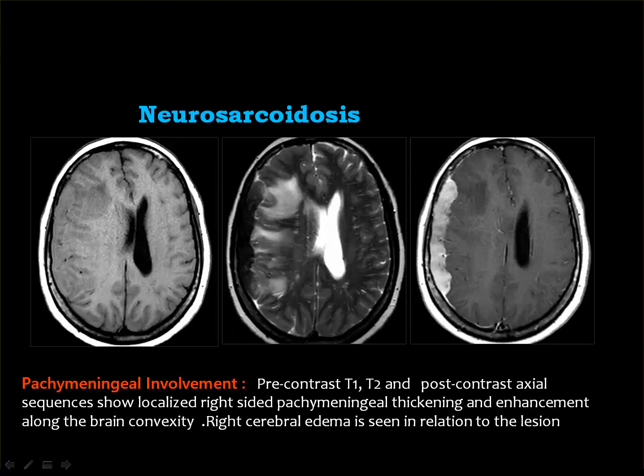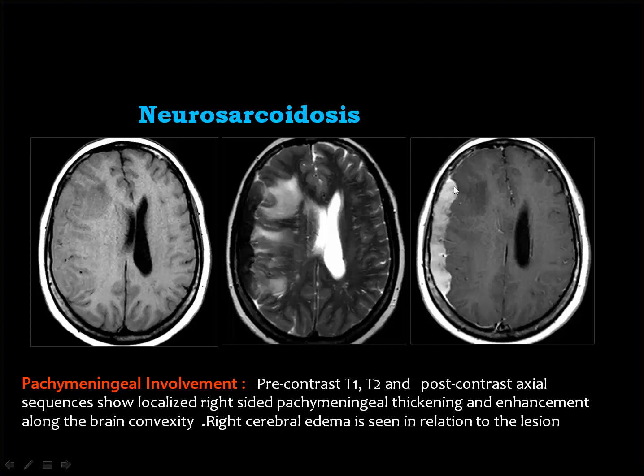Also, one of the manifestations of sarcoid, which is not that frequent in clinical practice, is the presence of plaque-like mass of meningeal thickening, which is known as pachymeningeal involvement.